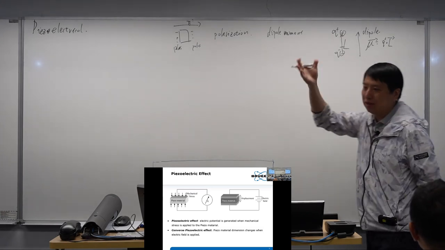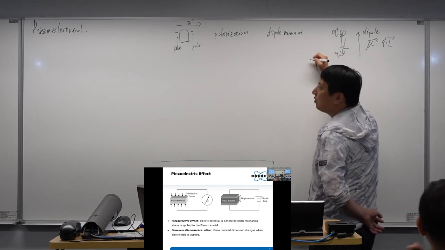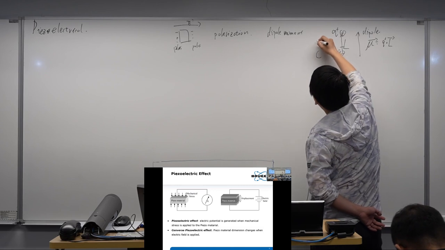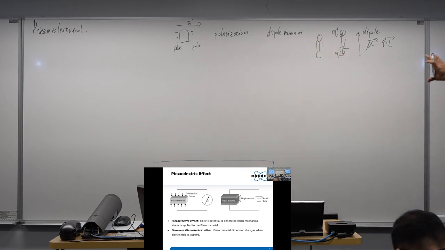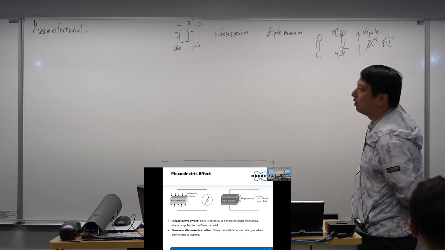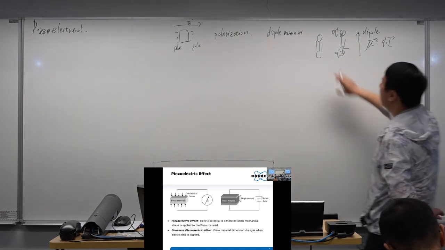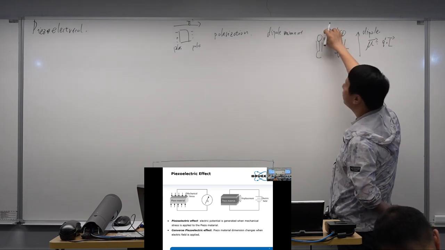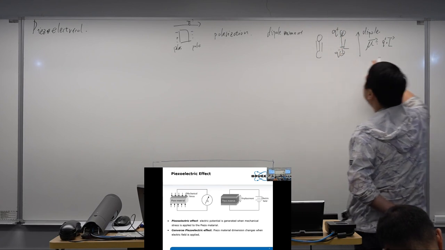For example, you are familiar with the molecule carbon monoxide. This is a typical dipole because the distance between the carbon and the oxygen, the length, is fixed, and the carbon is charged and the oxygen is charged. So this will form a dipole moment.